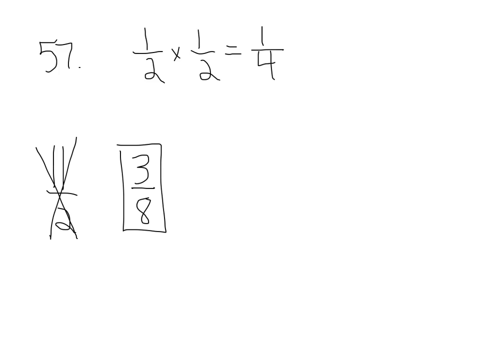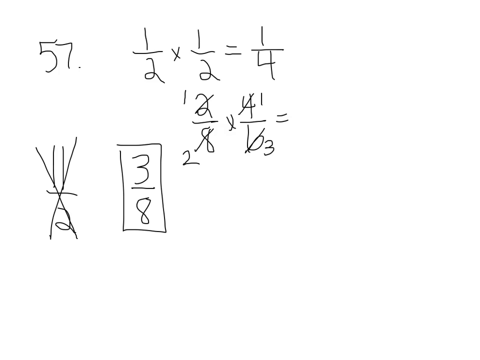So let's try it again. We can do 2/8 times 4/6. What can we do before we multiply? We can cross simplify. 4 and 8 share 4, so we divide by 4 and divide by 4. Then we can cross simplify these two, divide by 2, divide by 2.